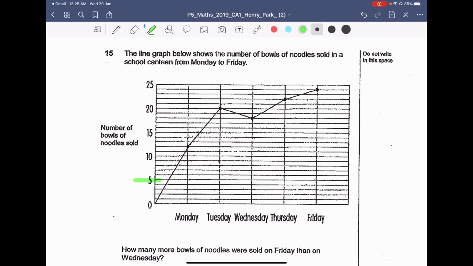So at 5, 10, 15, 20, 25, you should draw a line so that you can visualize it better. So on Monday, there's 12 bowls. On Tuesday, there are 20. On Wednesday, there are 18. Thursday, there are 22. And Friday, there are 24.